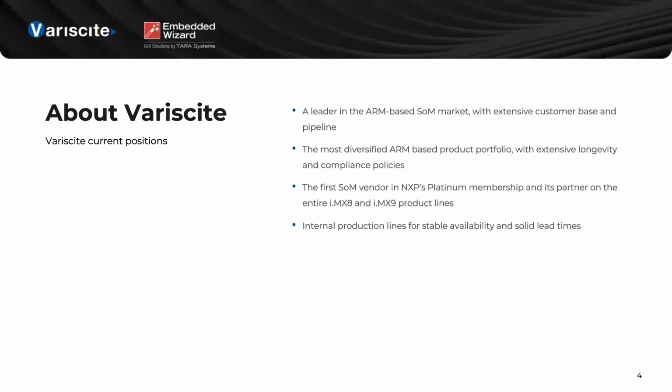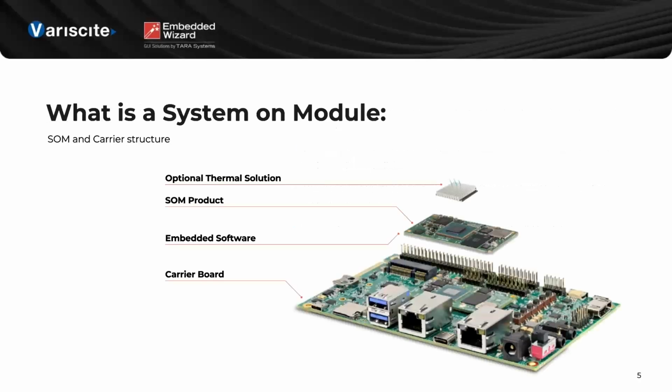Let's briefly talk about what a system on module is. Basically, what we provide is a module that integrates the system on chip, the DDR, so the RAM, and the eMMC for the booting media. Optionally, we also provide Wi-Fi, audio codec, and the main features that you can find in our SOMs that we fully configured.